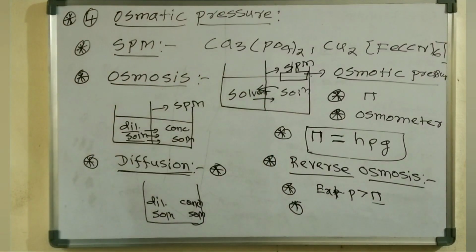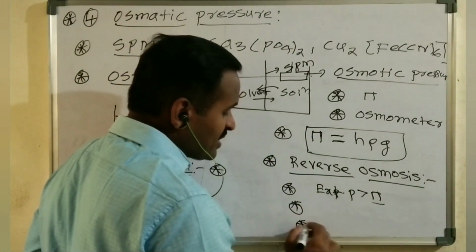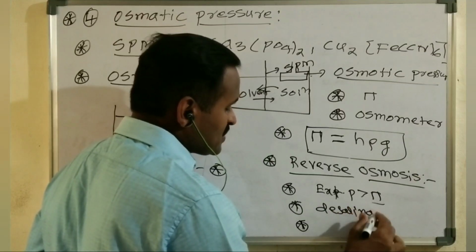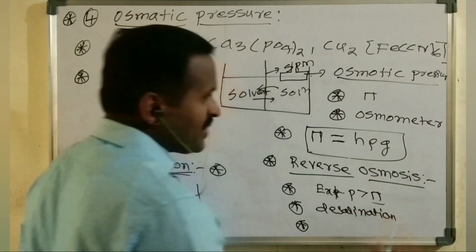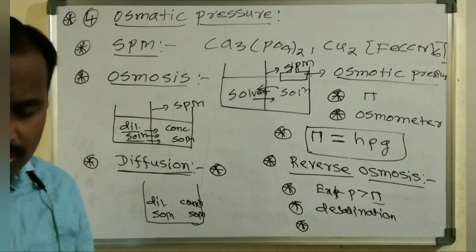This process is reverse osmosis. Generally, this reverse osmosis process is used in the desalination of water, or even in the purification of water.